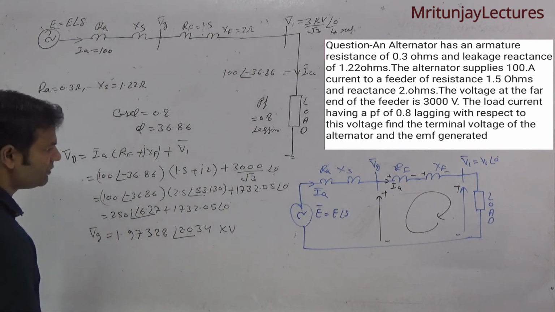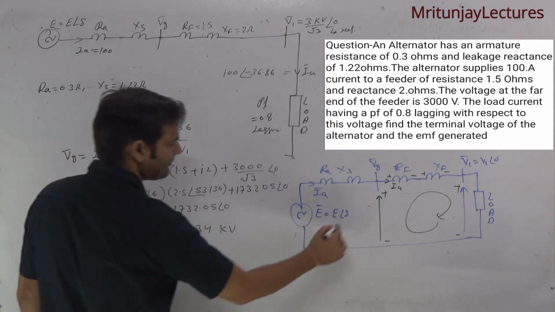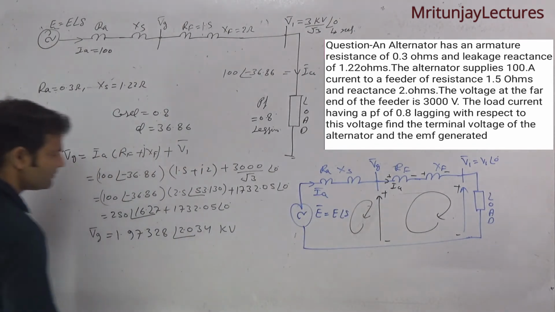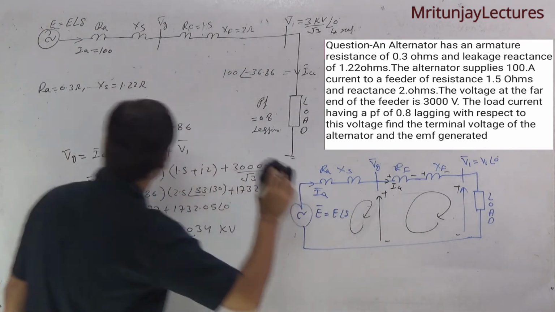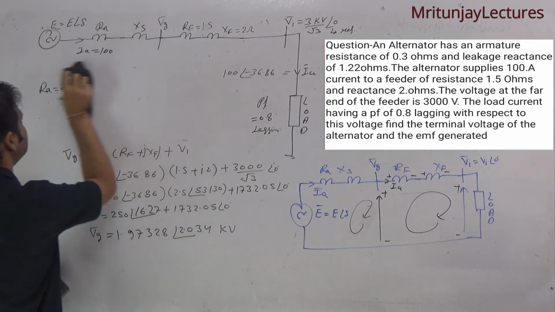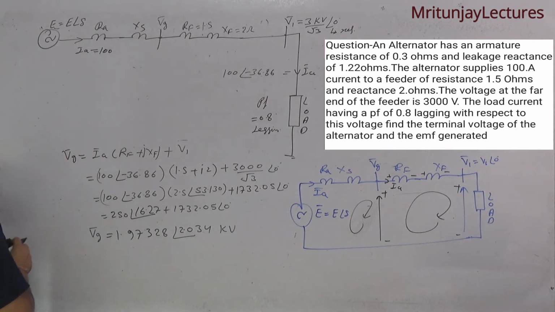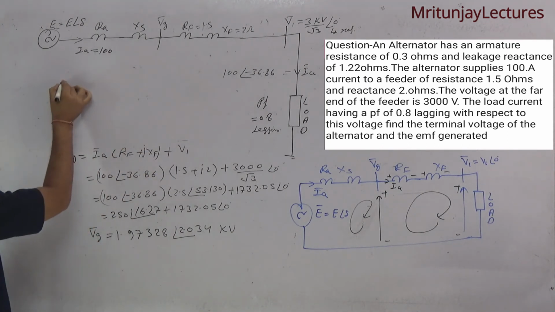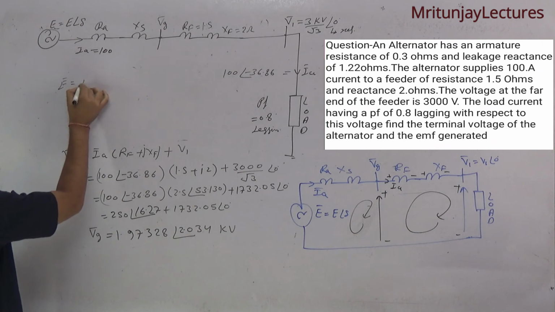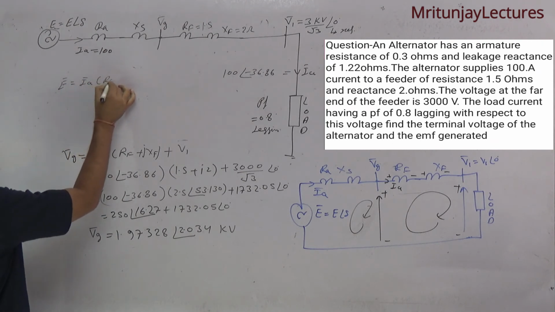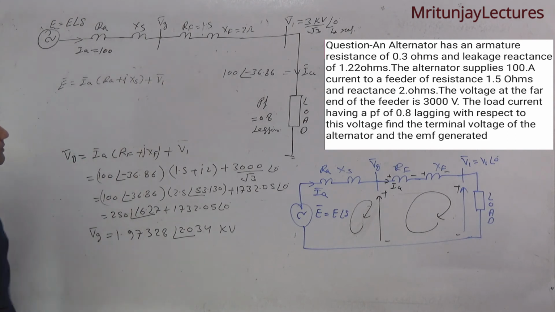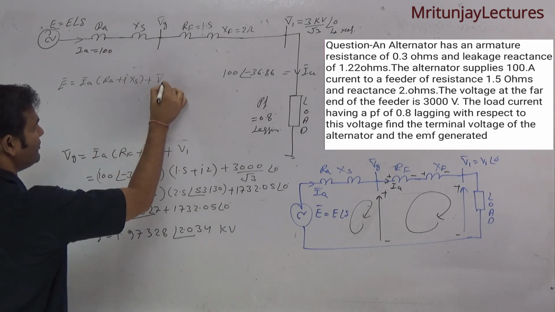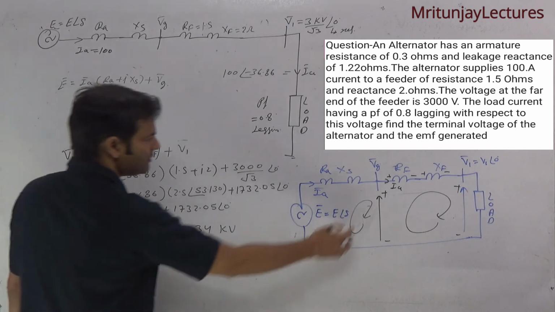Now our next target, in this loop, is the excitation voltage, that is IA RA plus VG.